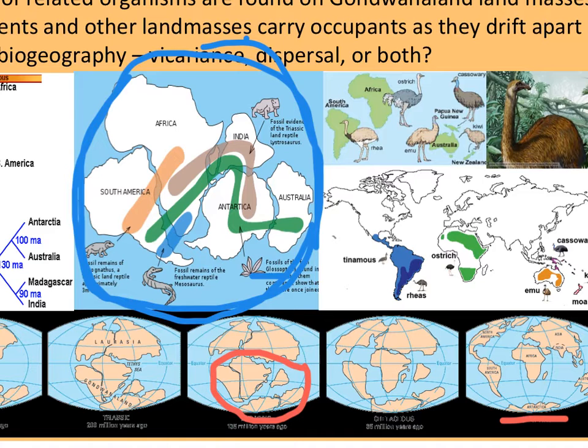In Africa, there's a couple of different species of ostrich, a couple of different species of cassowary in New Guinea, emu in Australia, kiwi in New Zealand, and some other birds in New Zealand called moas that went extinct once the first Maori humans arrived and hunted them all to extinction. They were all flightless birds except for the tinamous in South America. So there's some question whether their distribution is just because of vicariance or if, in fact, there was some dispersal going on at that time.